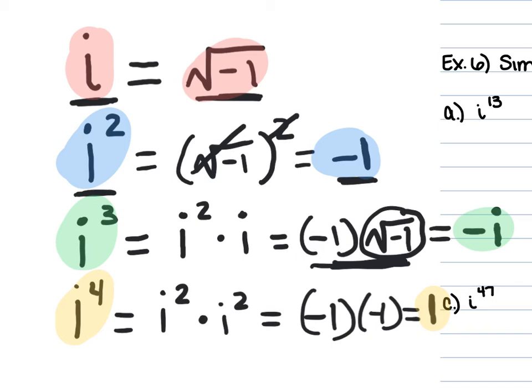So when I take i squared, it is no longer imaginary. It becomes a real number. i squared and i to the fourth power, those even powers are going to end up as real numbers. The odd powers are going to end up as imaginary numbers.